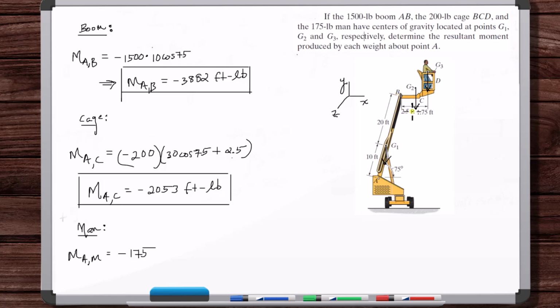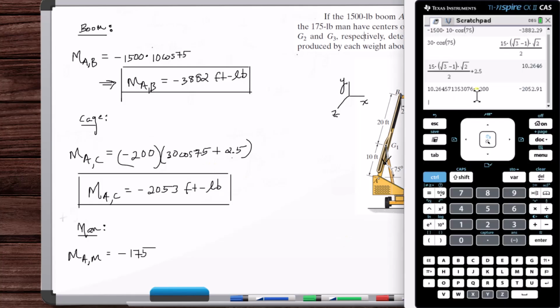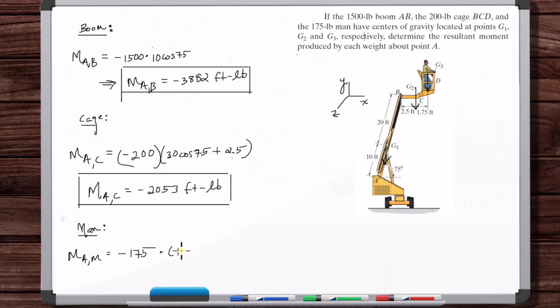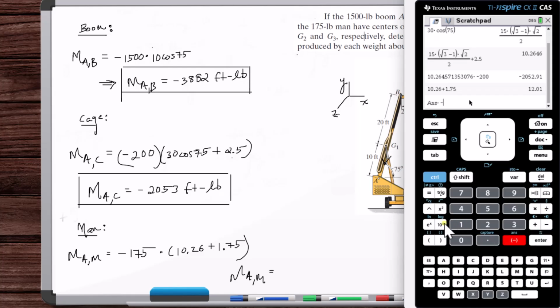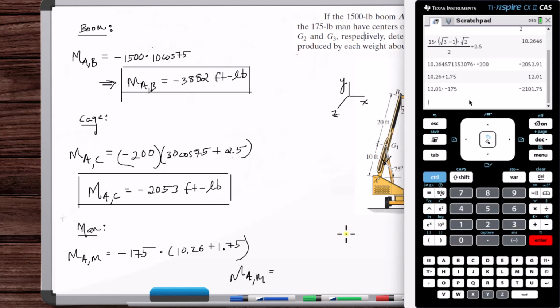So it's just 30 cosine of 75 plus 2.5, which was 10.26, plus 1.75. So the moment about point A of the man is 10.26 plus 1.75 times negative 175, which is minus 2102 foot-pounds.